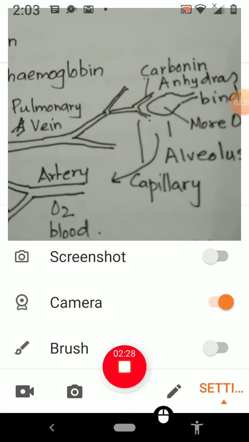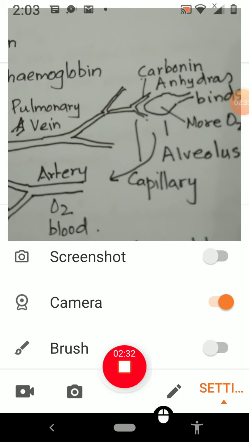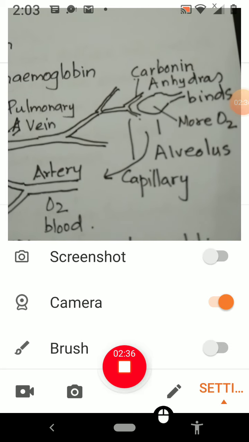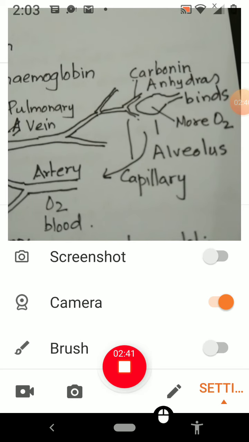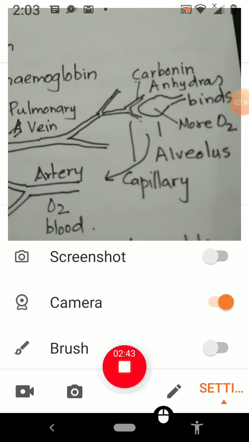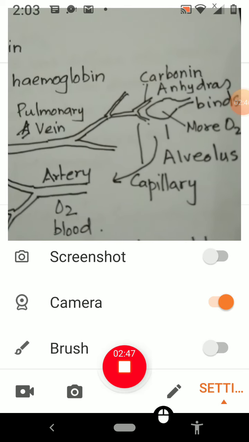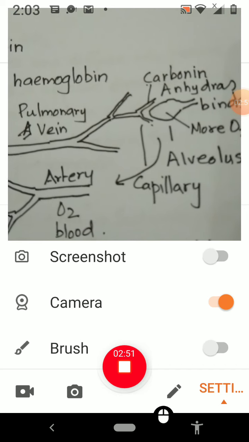The oxygen levels within the alveolar air are high. The oxygen levels in the RBCs, the blood, are very low. So oxygen here readily binds with hemoglobin and converts to oxyhemoglobin.